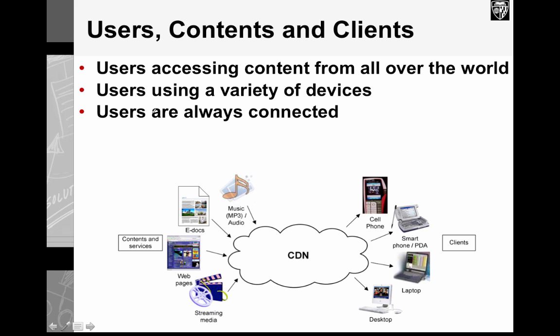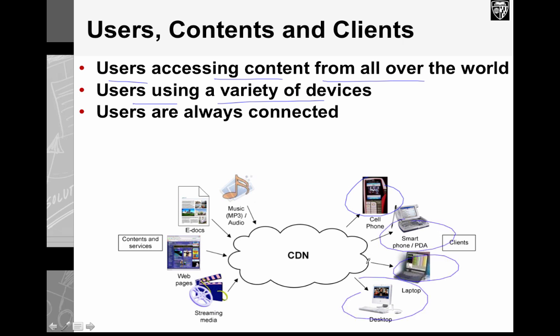So let's look at users, contents, and clients. The users are accessing the content from all over the world. They are accessing it from Japan, they are accessing it from San Francisco, they are accessing it from Doha, Qatar, in the Middle East. Everywhere, people are accessing the content on the World Wide Web. Users are also using a variety of devices. They're using cell phones, smart PDAs, laptops, desktops.